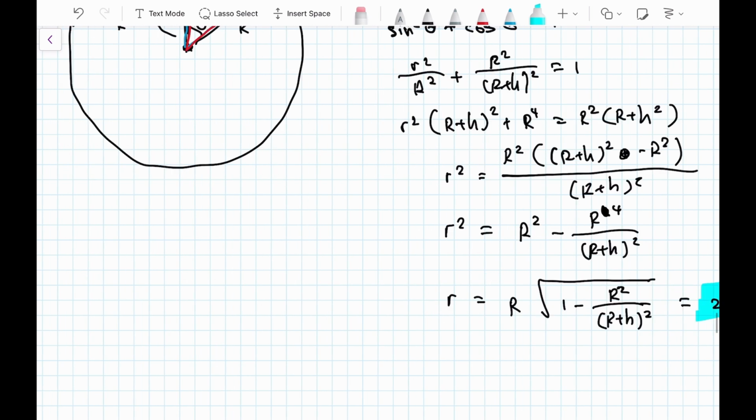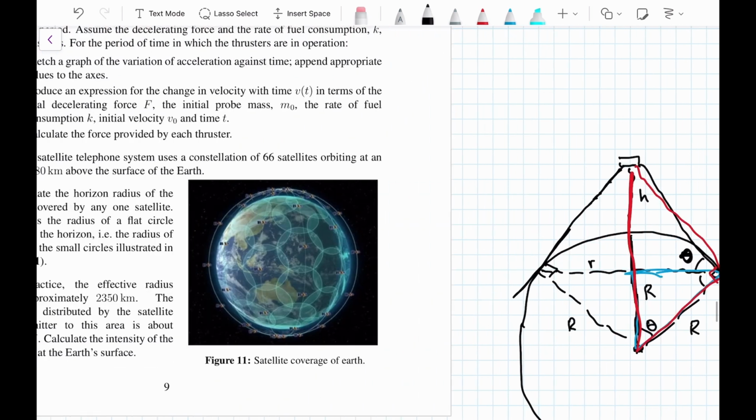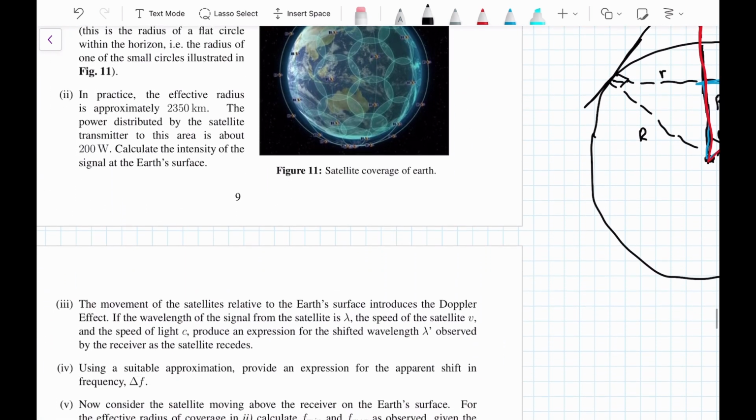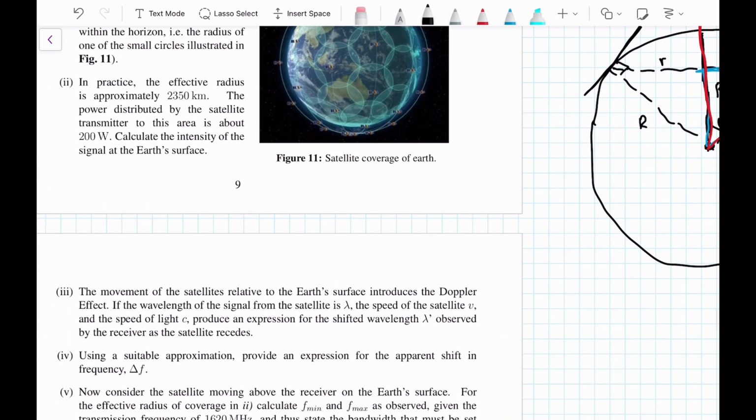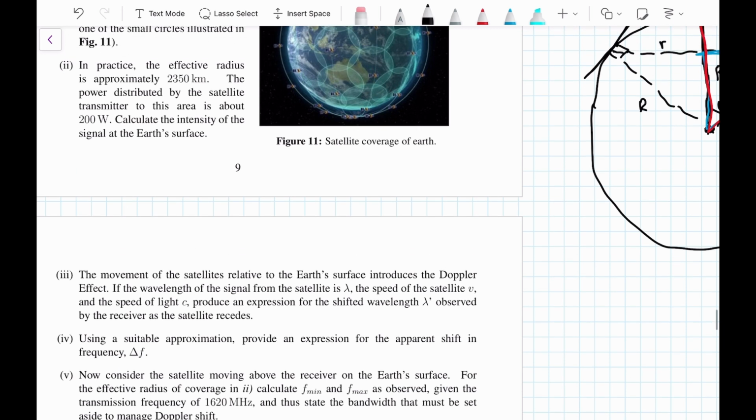Now let's see the second part. The second part asks, in practice, the effective radius is approximately 2350 kilometers. The power transmitted by the satellite to this area is about 200 watts. Calculate the intensity of the signal at the Earth's surface.